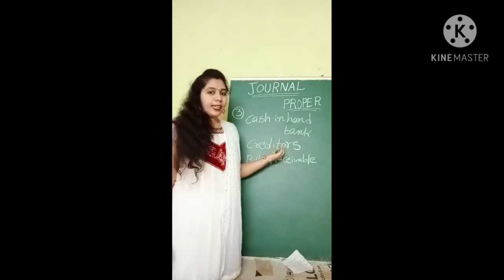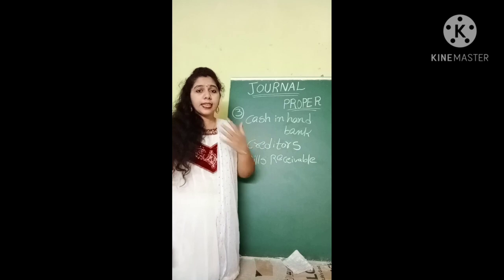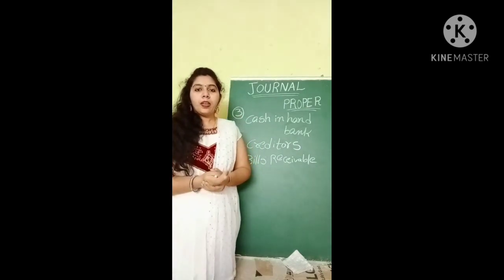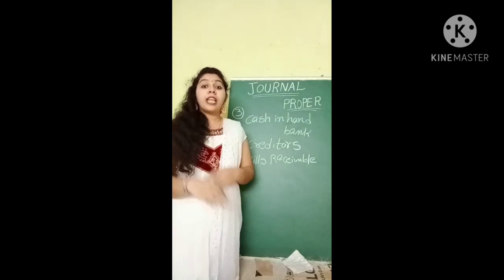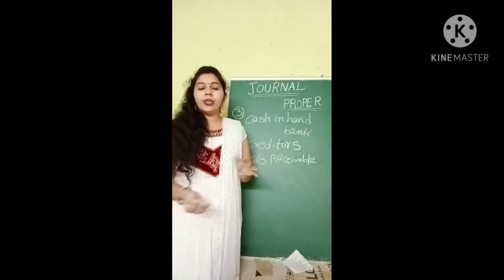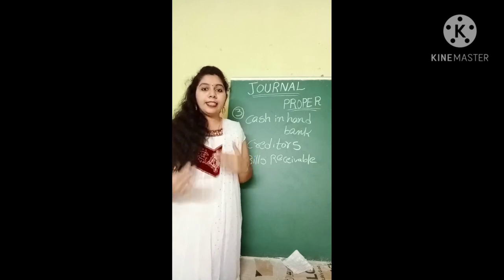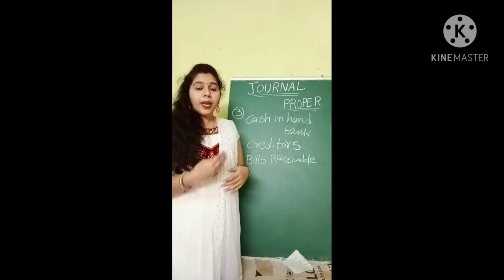I will give one example for creditors and bills receivable. What is a creditor? We have sold some goods to X without any surety, without any security. So that person is a creditor. They have to pay money to us.